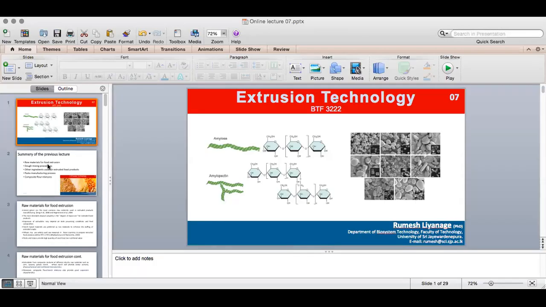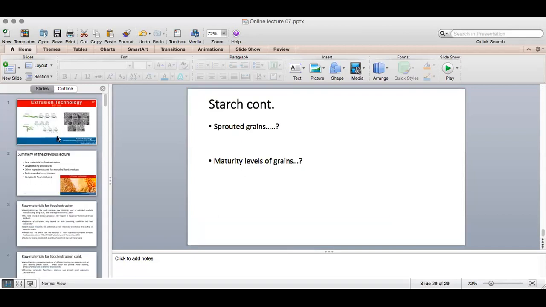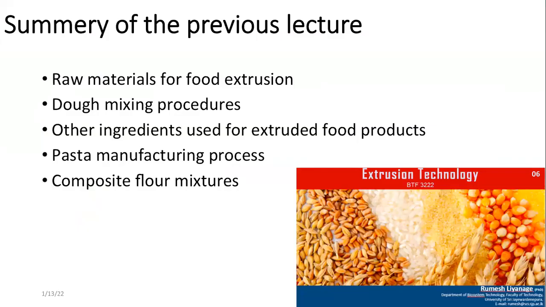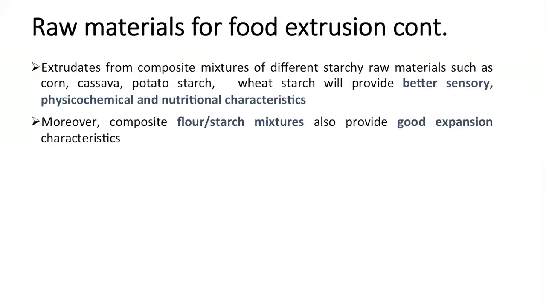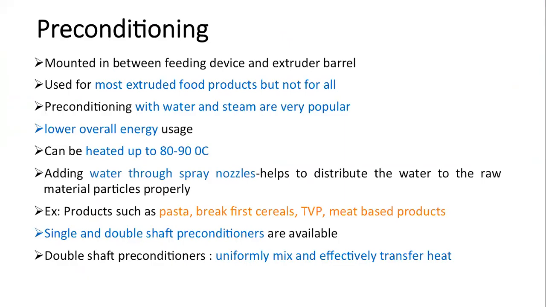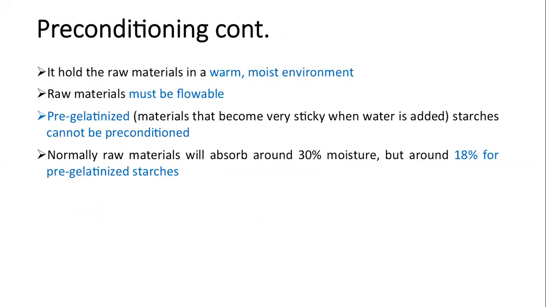So today I'm going to wind up the session with this, right? We have discussed very important things today, basically about raw materials and some processing parameters. Preconditioning is very important, and its advantages and the parameters we are going to maintain in this stage.